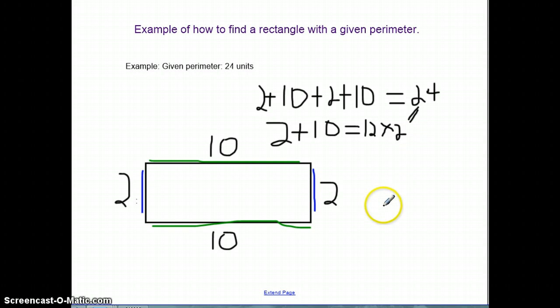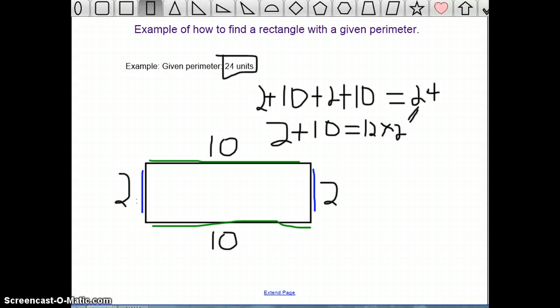So I'm going to reverse engineer this to do exactly the same thing but backwards. If we started out with 24 perimeter, we don't know this part, so let's erase this. Sorry.